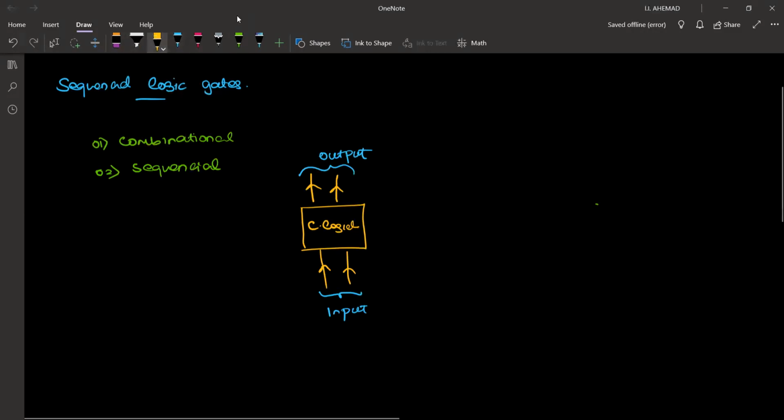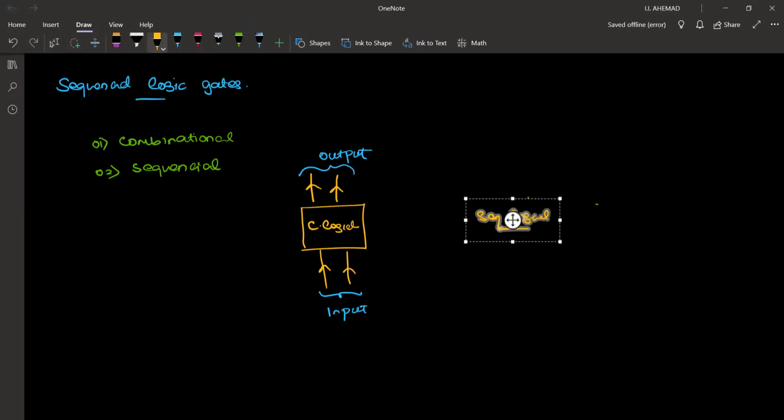Then when we take the sequential logic gate, it has two components. It has a combinational logic gate, and in addition to it, it has a memory element.